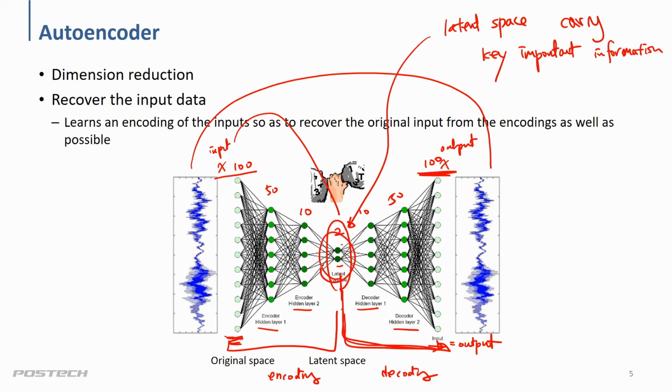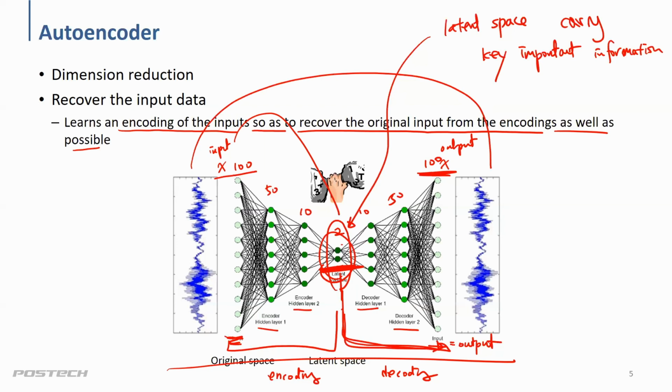We don't have enough space or memory to carry the redundant information as well. So in order to have this autoencoder structure and recover the input data set, during the training process the information is going to concentrate, to learn the encoding of the inputs so as to recover the original input from the encodings as well as possible.